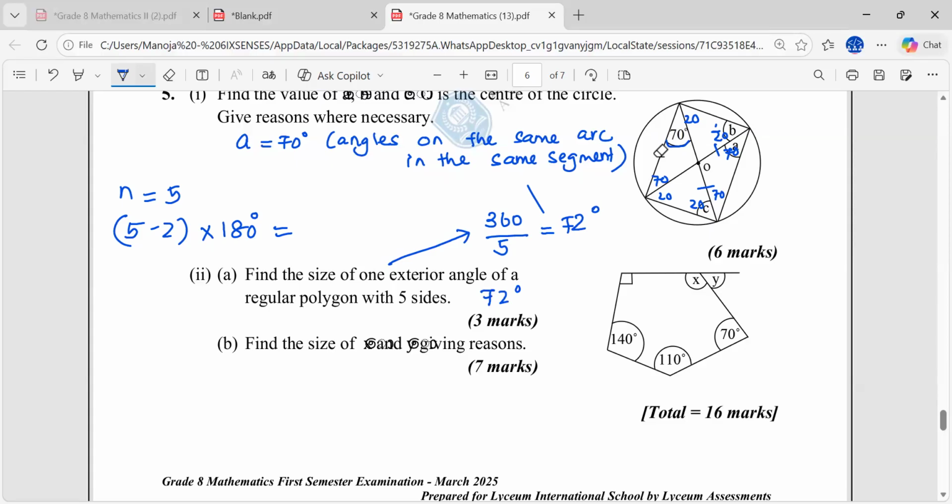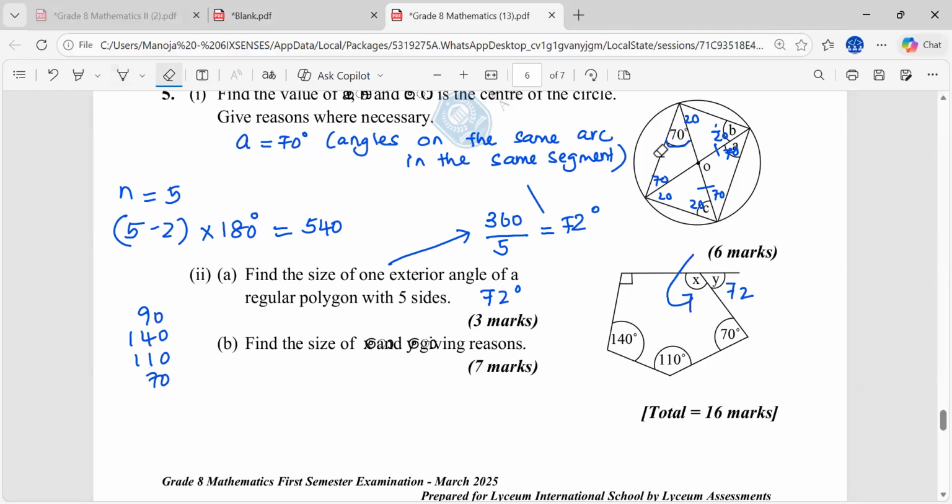If you can remember, the same question they have asked in paper 1 in a different way. Find the size of x. Now here it is 540. You want to add 90, 140, 110, 70. And if this is 72, you can find this one. But no, we can't find that one because this is not the pentagon they were talking about in part A. You add 90, 140, 110, 70.